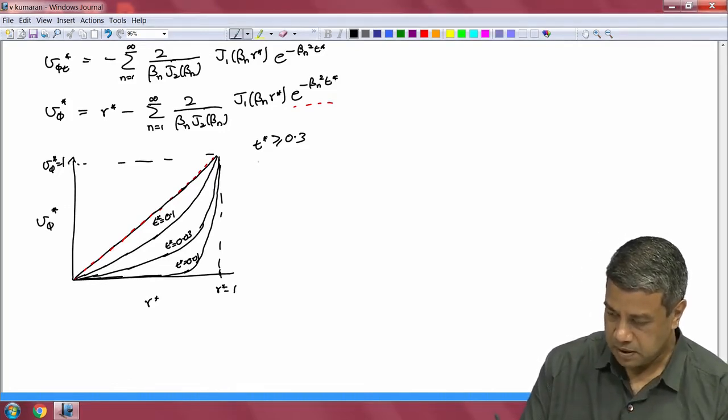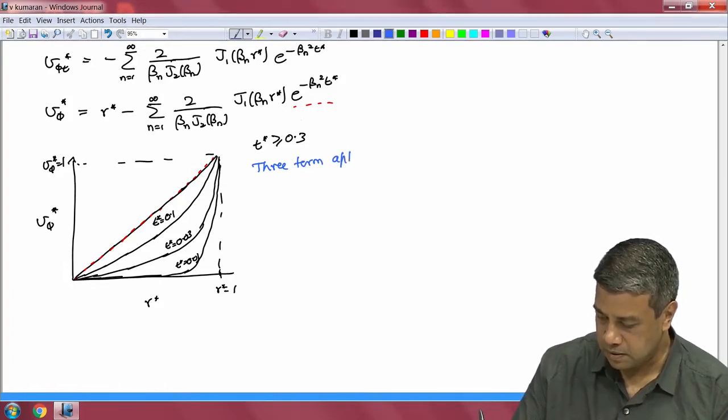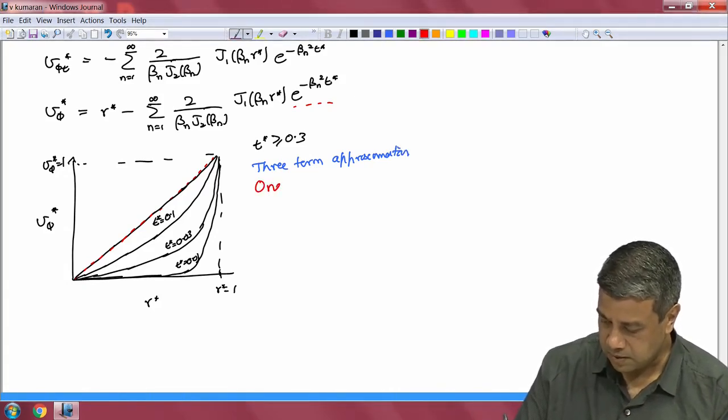Now, I can look at the effect of the 3 term approximation and the 1 term approximation.